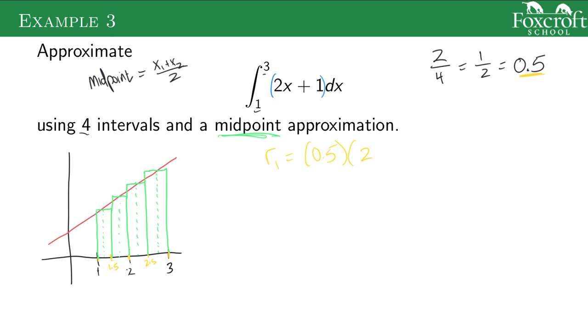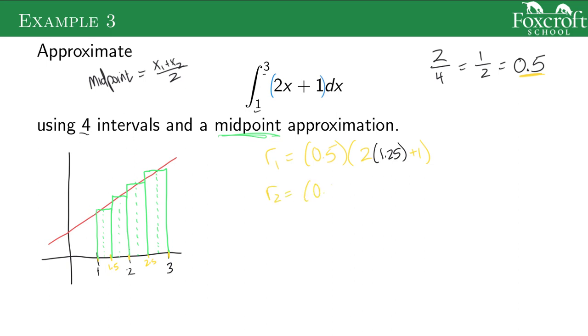You're basically just finding the average of the values. So if I took 1 plus 1.5, added them and divided by 2, I would get 1.25. That is the number I'm going to plug into my function, and that gives the area of the rectangle. I'll do them all in the calculator at the same time at the end.